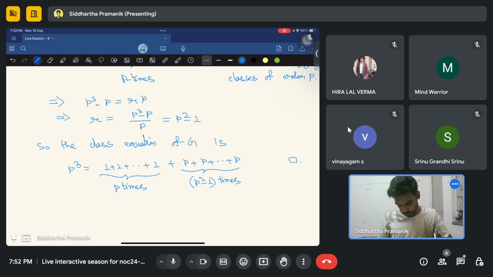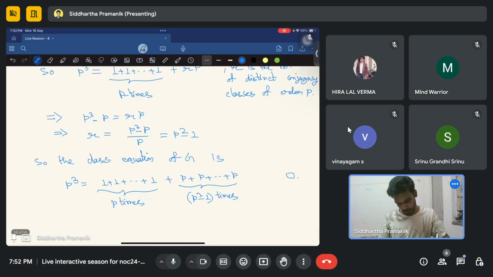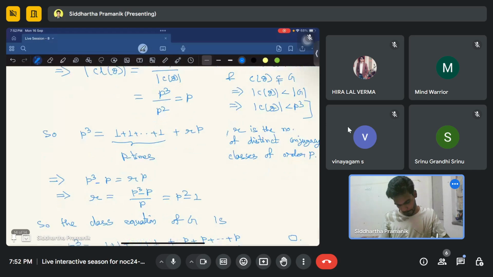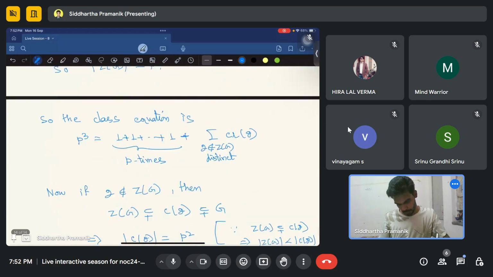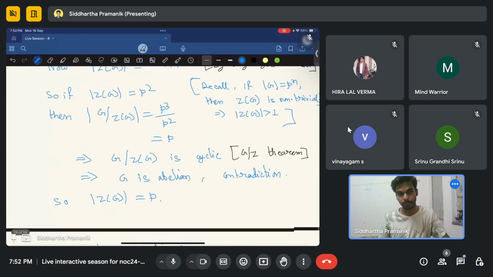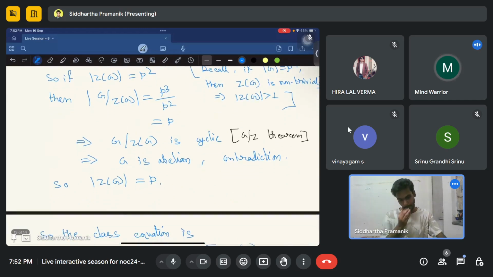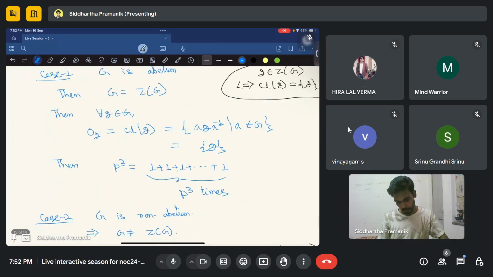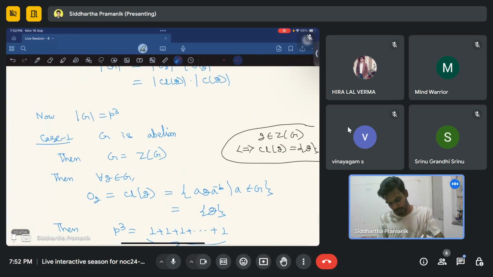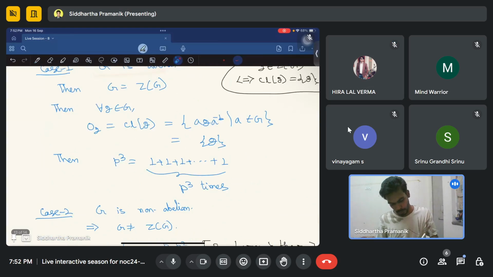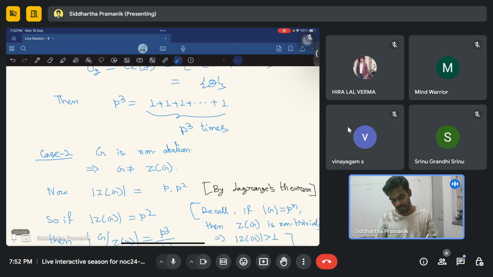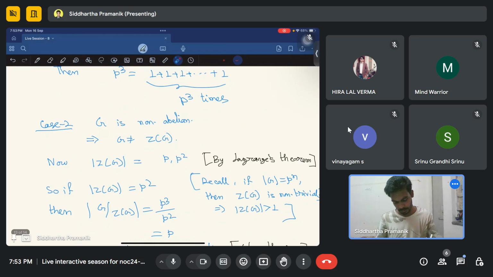Okay, so I hope you have understood this. So basically what we are doing: if G is abelian, every conjugacy class is a singleton, so this is 1 plus 1 plus 1 up to pq times. This is for any finite abelian group. The main case is when G is non-abelian.